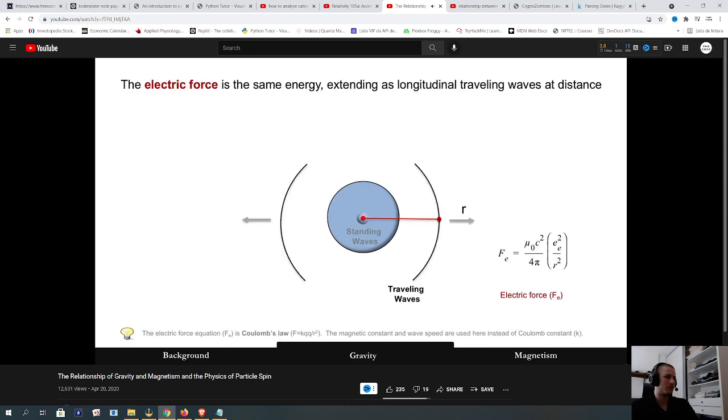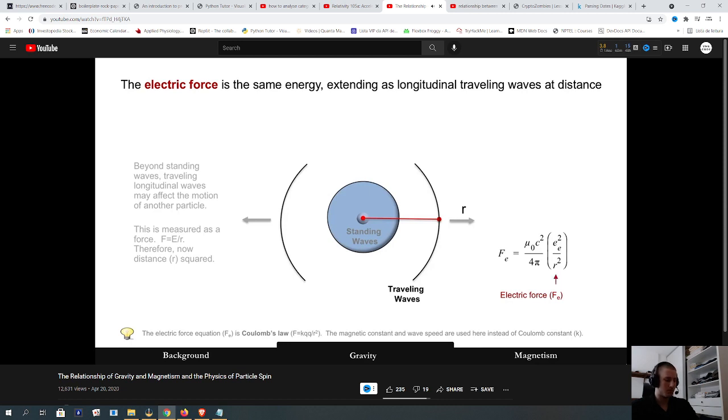We just don't call it energy because at that point, traveling waves have the ability to force another particle into motion. What do we call that? We call it a force. And a force is just energy divided by a distance. And so that same equation you saw for energy on the previous page now has r squared in the denominator instead of r, right? That's energy divided by distance. That is the electric force equation. You might be more familiar with it as Coulomb's law, F equals kQq over r squared, but that is the exact same thing.